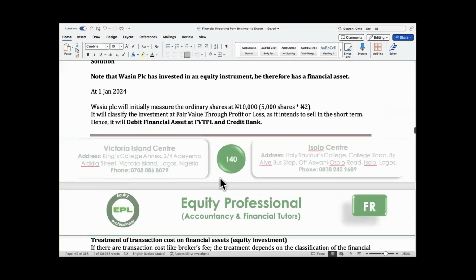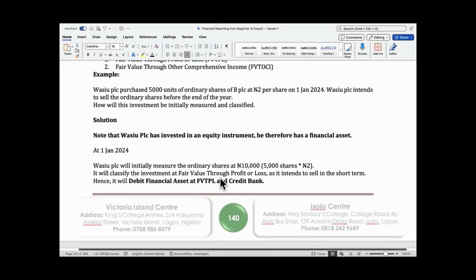So if in this scenario now, we have a transaction cost of 500 naira from this example I gave you, that means in this example that 500 naira will be expensed to P&L, because this financial asset is classified at fair value through P&L.